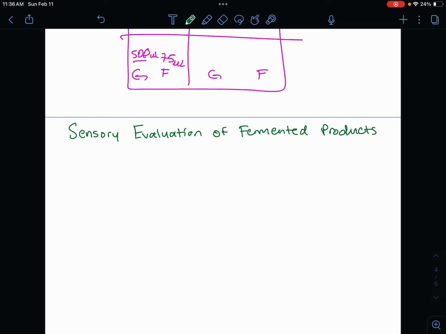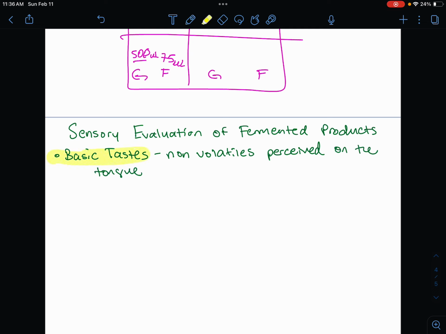So we're going to be talking about the components of flavor in this first slide, the basic taste. The basic tastes are non-volatiles, perceived on the tongue. There are 5 of them.